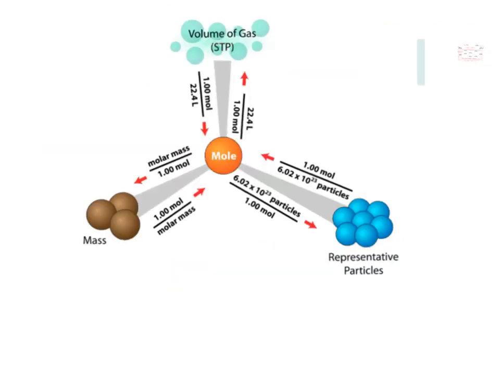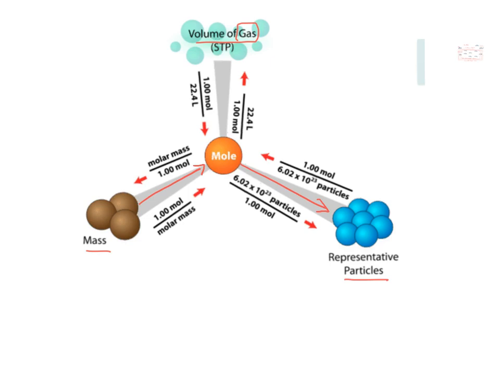To summarize this, we've got mass, we have the number of particles, and we have the volume, of course, of a gas at STP. In order to get from one thing to another, we've got to convert. So if we start with the mass, or how much of a substance weighs, we can, using the molar mass, convert to how many particles that would be by using Avogadro's number, 6.02 times 10 to the 23rd.